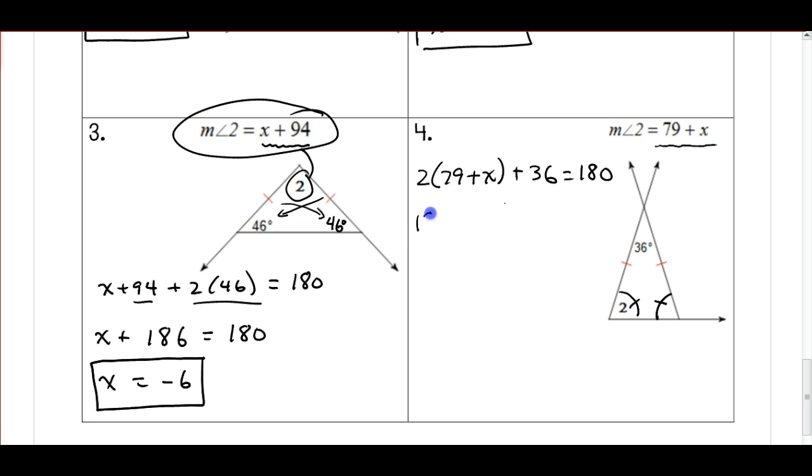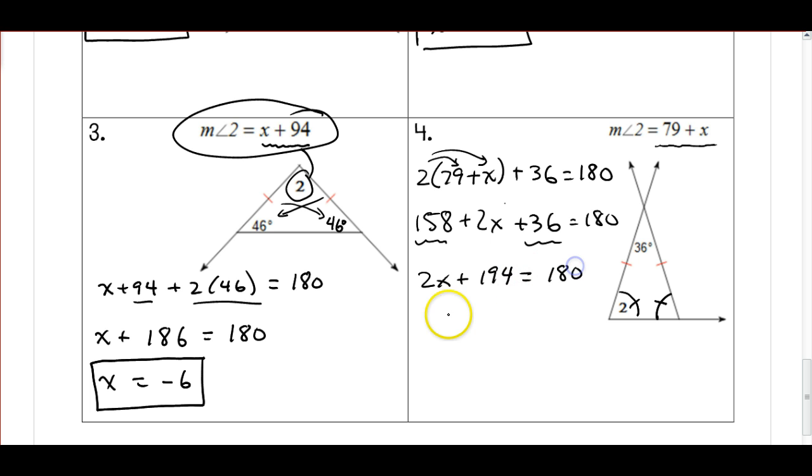So I have 158 plus 2x plus 36 equals 180. Combining like terms, I get 2x plus 194 equals 180.